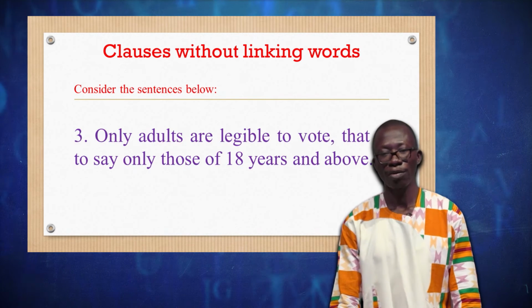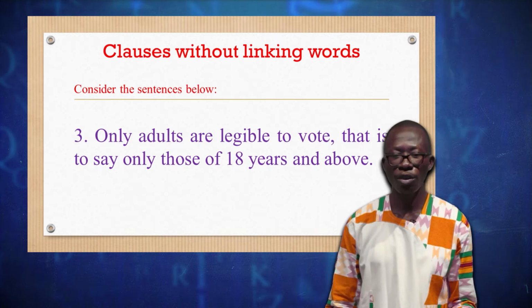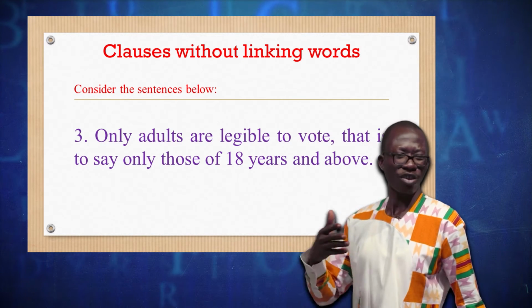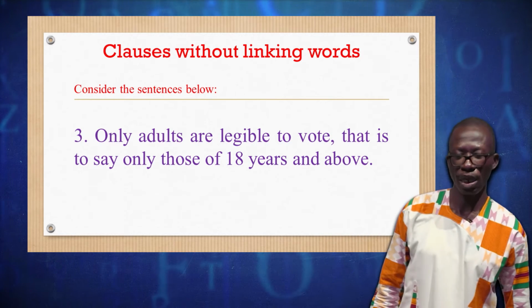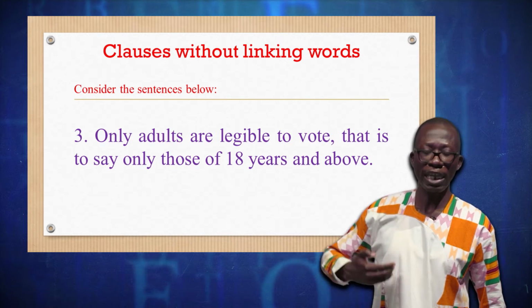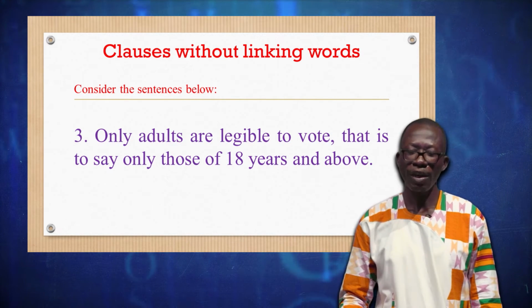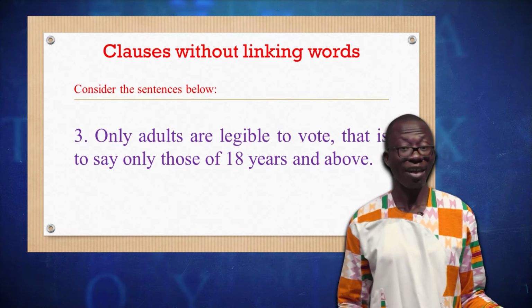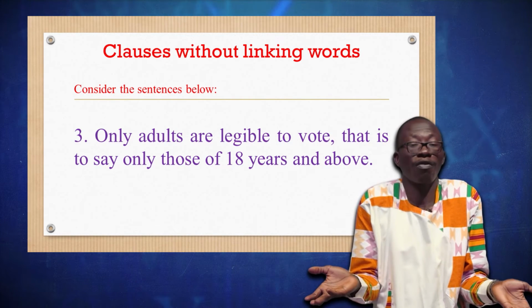Only adults are eligible to vote. That is to say, only those of 18 years and above. Yes, the second clause is trying to repeat the message in the first one, to restate, to bring more emphasis on the first one. Of course, we know that adults are those within the age of 18 years.